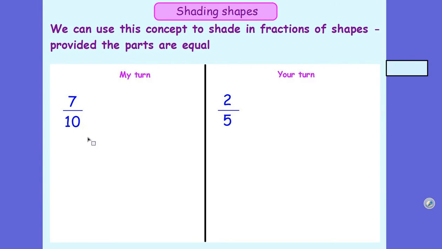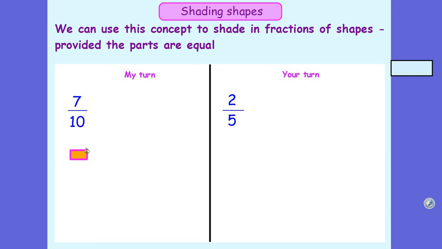Now, just as always, I'm going to do an example and then you're going to do an example. If I wanted to make 7/10, I'm going to need 10 lots of blocks, because that's my denominator. So I need to split my shape into 10 equal pieces.